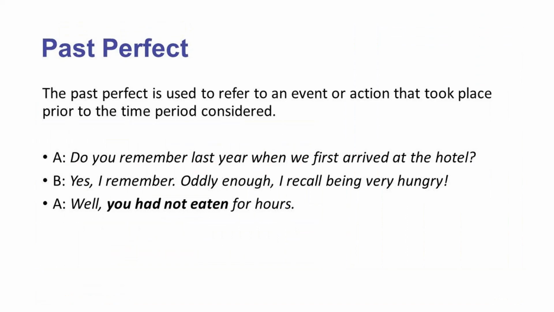The past perfect is used to refer to an event or action that took place prior to the time period considered. Therefore, in the previous examples, the conversation would revolve around an event that took place in the past, but the eating took place before that.